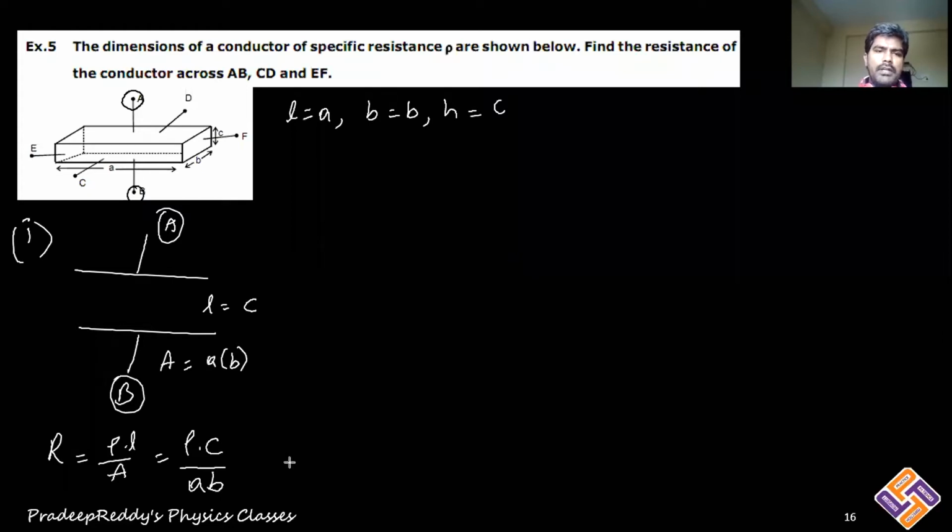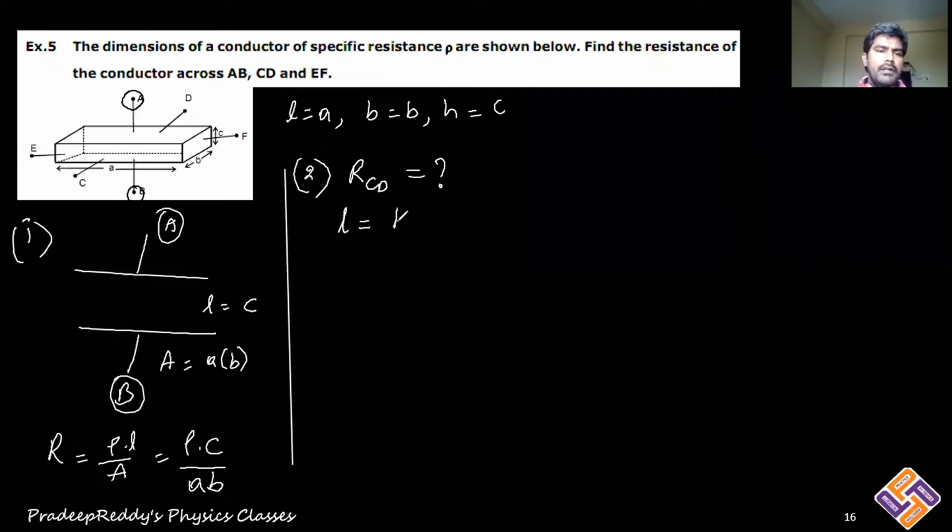You want to find out the resistance between CD. R CD is equal to how much? C is the front face of this cuboid and D is the back face of the cuboid. So in between CD, what is the length now?